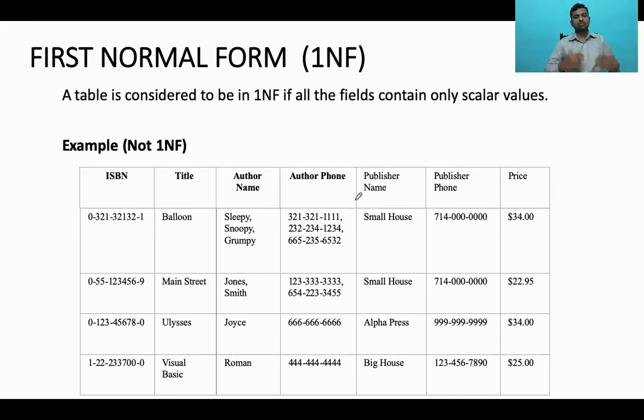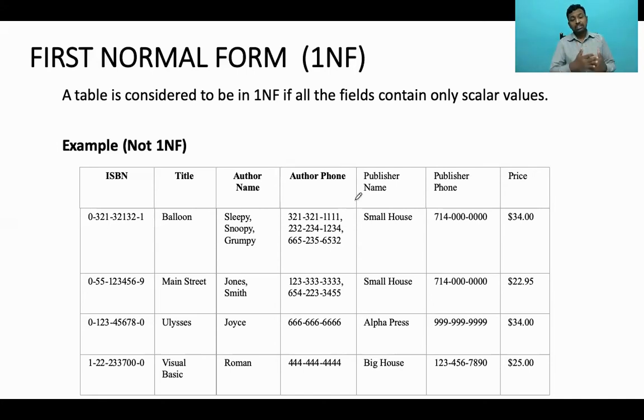First, I need to check whether it is in first normal form. Then only do I go to the next level. So it is like a hierarchy. It should be in first normal form, and then I will go for second normalization. If my table should be in second normal form, it has to satisfy first normal form as well. If my table has to be in third normal form, it has to satisfy first normal form, second normal form, and then only can I give third normalization.